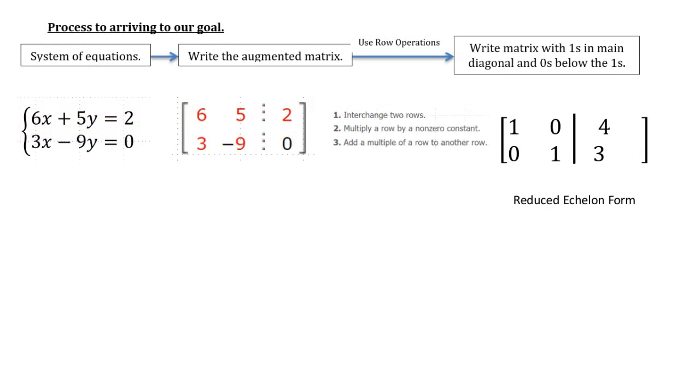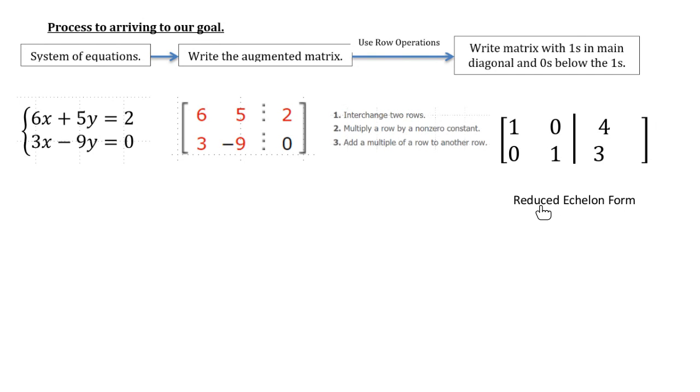Okay. So this is what we're going to want to do. They're going to give us a system like this here, and then we're going to write it into its augmented matrix. We're going to perform some of these row operations, and then our goal is to have this identity on the left side, which is all ones here and zeros everywhere else.